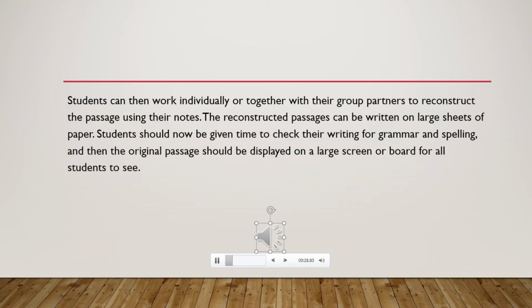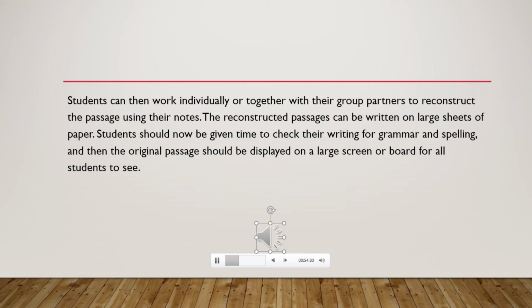And now the goal is to actually reconstruct that original passage as closely as possible. Again, not necessarily in an identical form, but in a way that is representing as much information from the original passage as possible in an appropriately worded and structured manner.